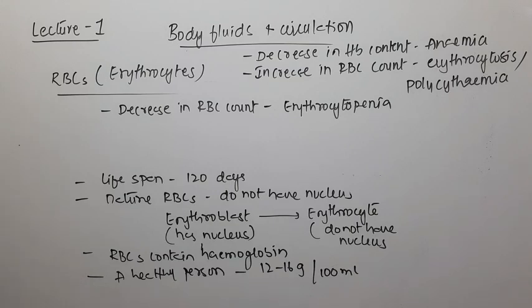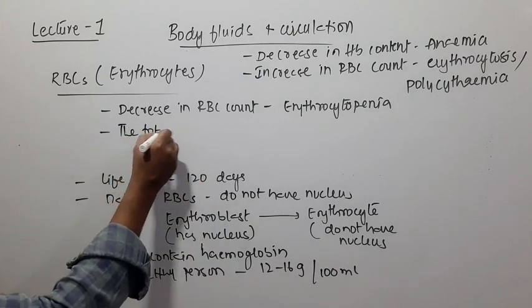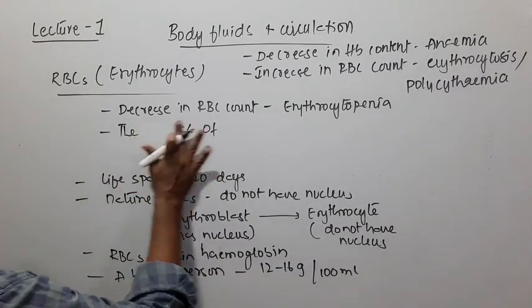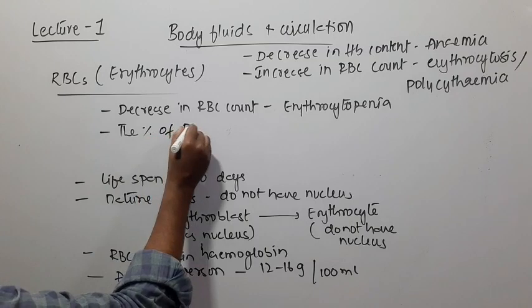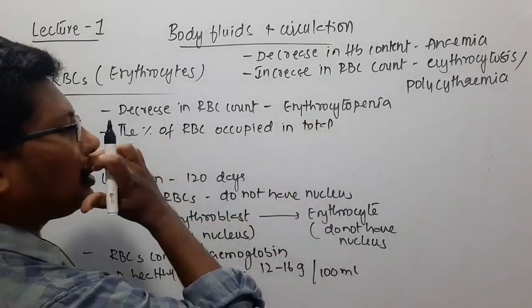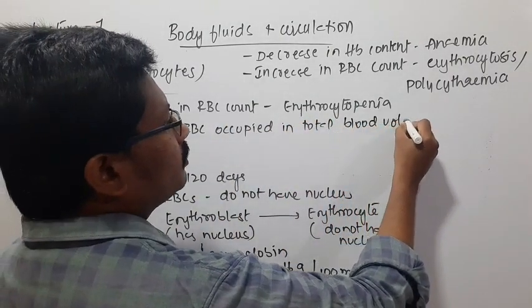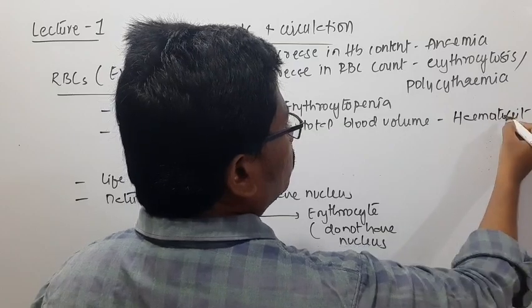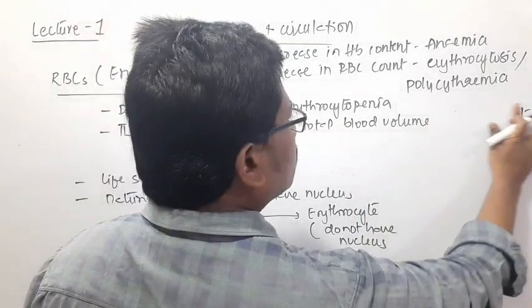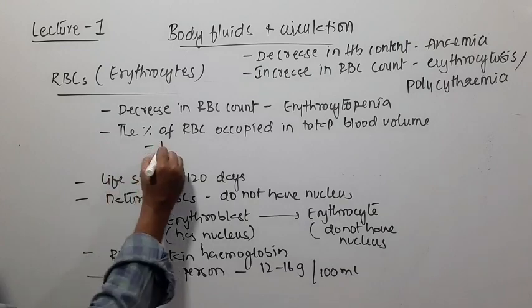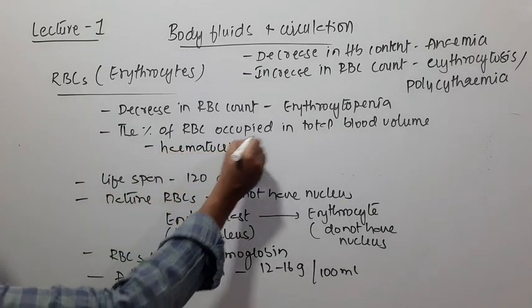Then the percentage of RBC occupied in total blood volume is what we call the hematocrit value. So it is called the hematocrit value.